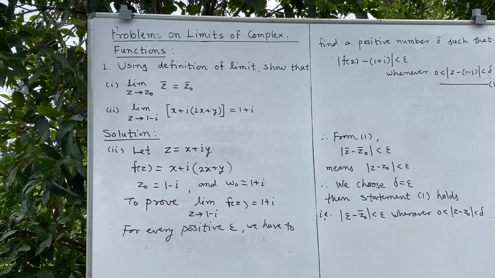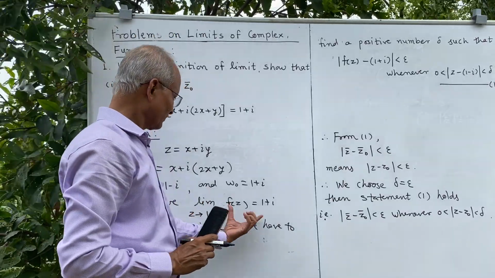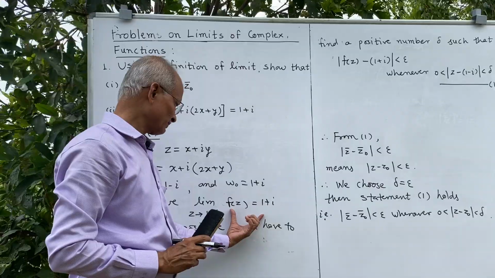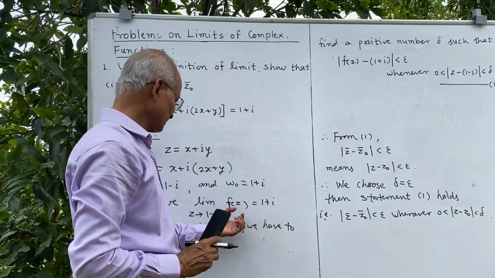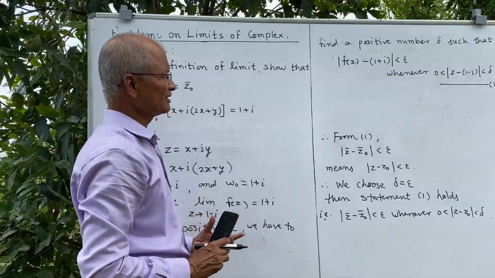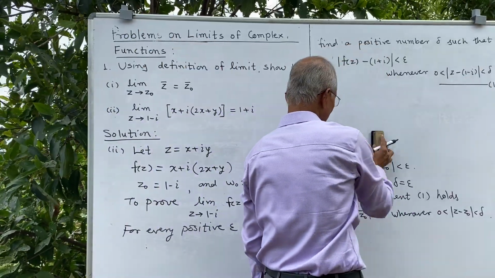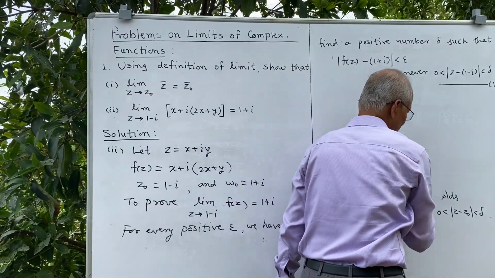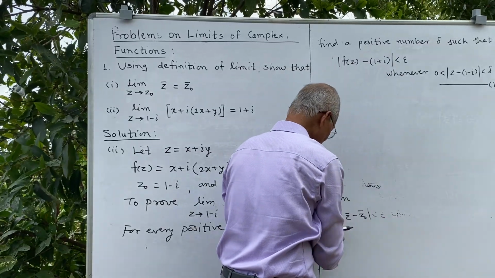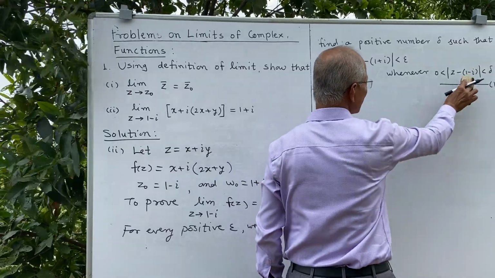This condition we have written according to the definition of a limit, that the absolute difference of f of z and its value is less than epsilon whenever the difference of z and z naught is less than delta. We have to find this value of delta, and if statement 1 holds, then the required limit is proved. So, first we shall simplify this.